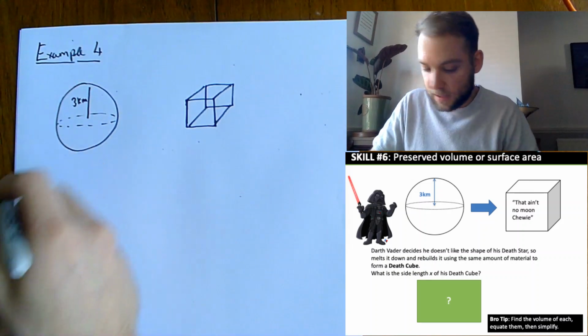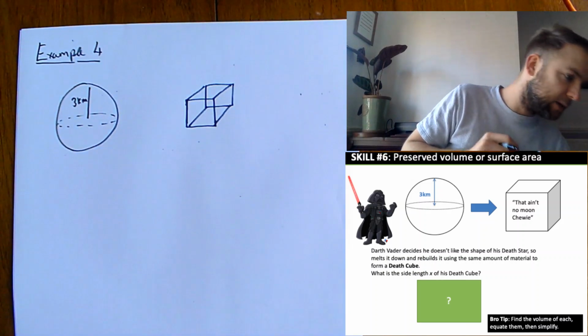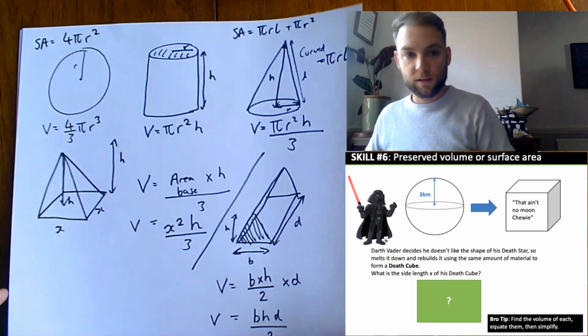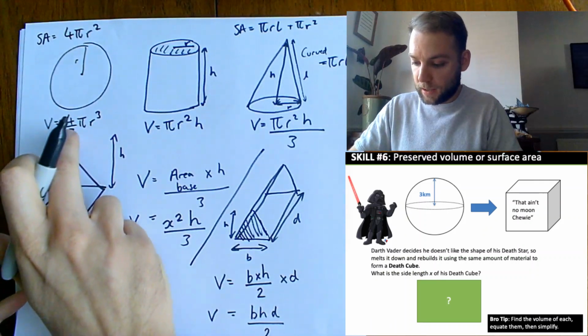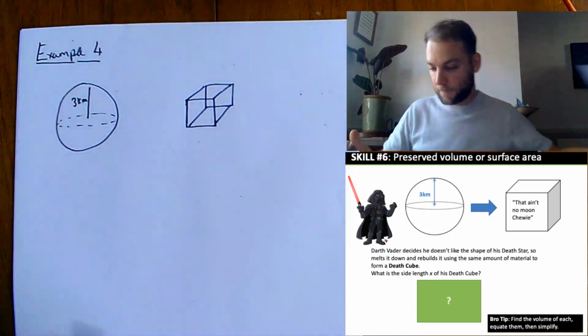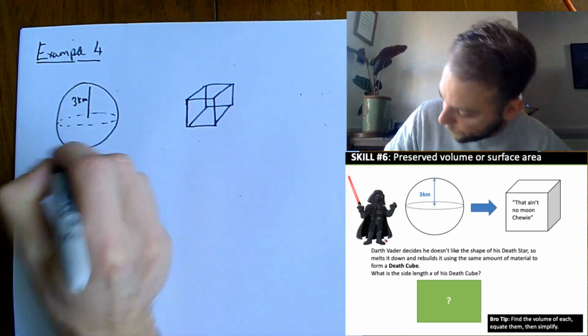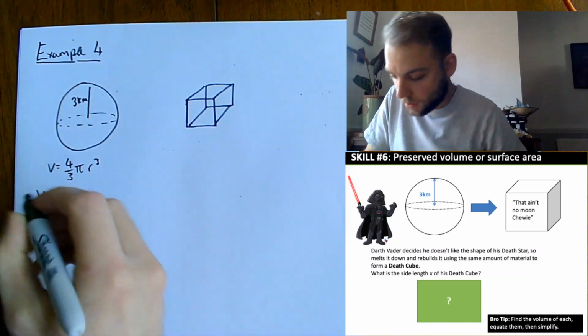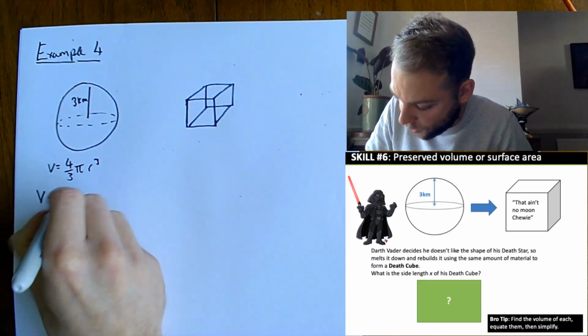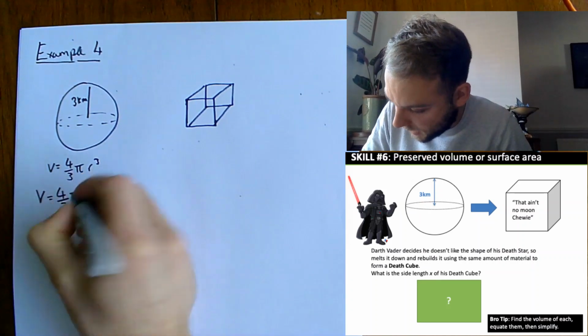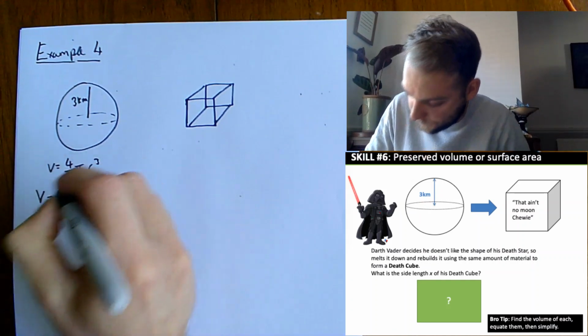So first of all, I'm going to find out the volume of this. Going back to this sheet again, I'm going to keep referring to this. The volume of this one is 4/3 pi r cubed. Let's write that down. Volume is equal to 4/3 pi r cubed. So the volume of this one is equal to 4/3 pi times by 3 cubed.